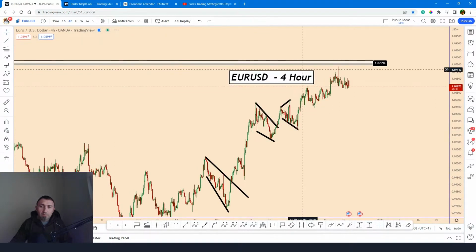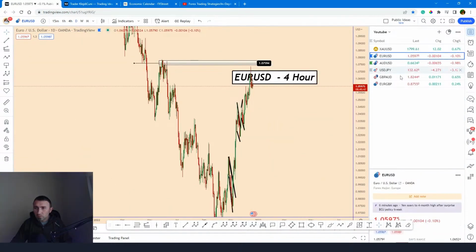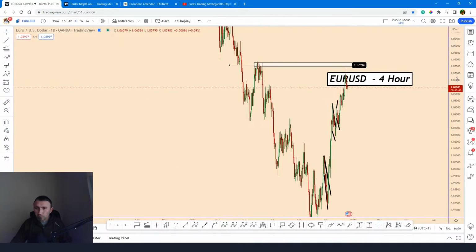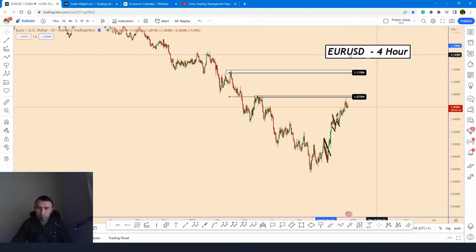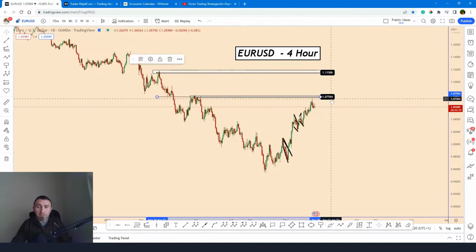The next one that we are going to look at is Euro USD. Just one moment. We have seen this also before. During the previous week, price didn't manage at all to break through 1.0760.